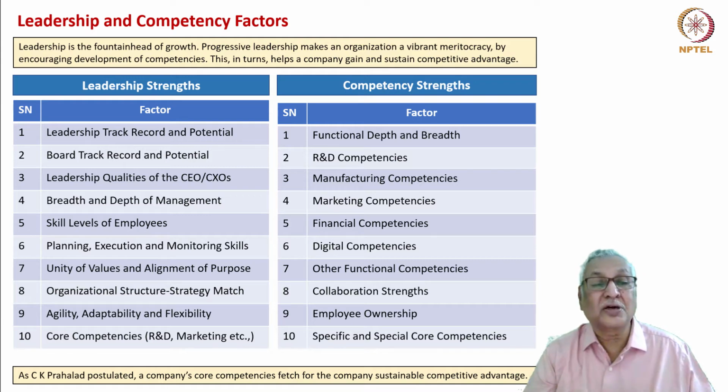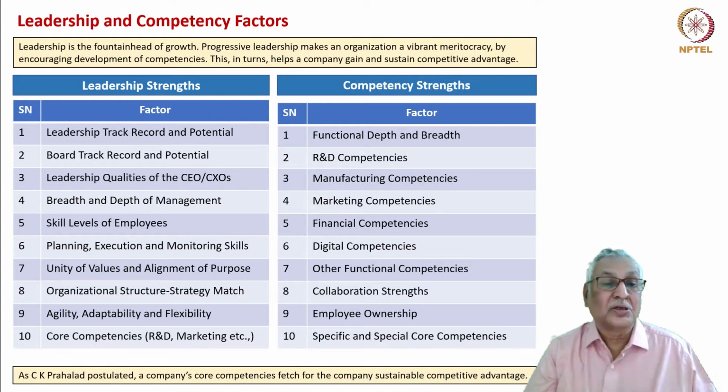So, board track record and potential are important parameters. Most companies today undertake an evaluation of the board as well as the individual directors to make sure that the boards are fulfilling the higher order vision that is set for the boards.